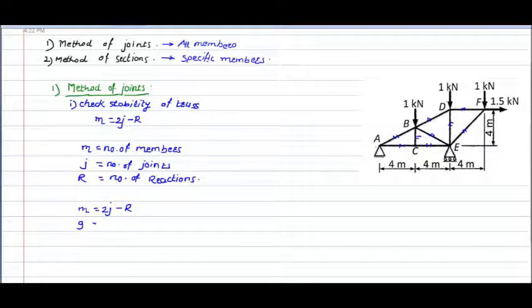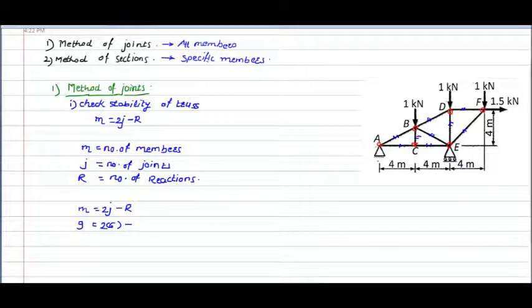For the number of joints we have the points A, B, C, D, E and F. So there are 1, 2, 3, 4, 5, 6 joints, minus the number of reactions.